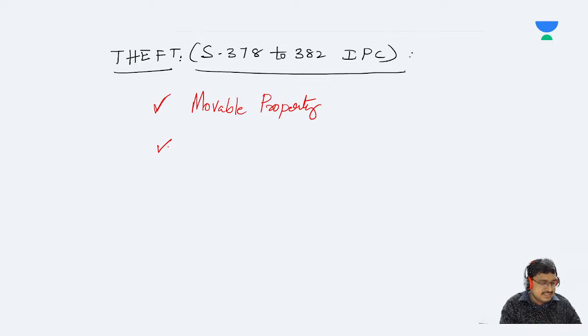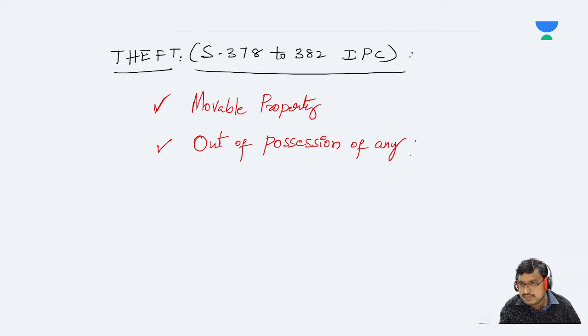Thereafter, the second ingredient is out of possession of any person. The third ingredient is dishonest intention.